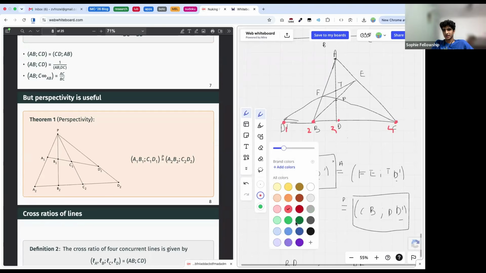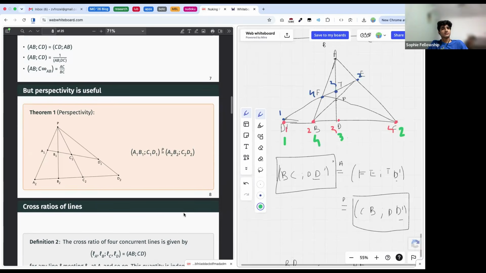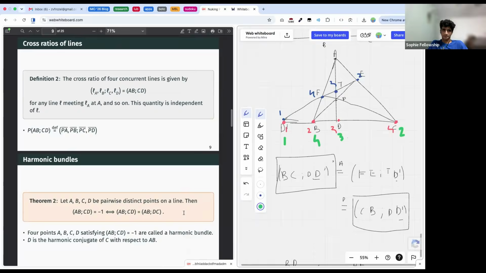If I project from P, I get 1 is here now, 2 is here, 3 is here, and 4 is here. And then what we did is project back from A, and now 1 is here, but 2 is here, 3 is here, and 4 is here. So what we've done is swap B and C, which gives you your desired cross ratio of -1. Okay, this looks good.